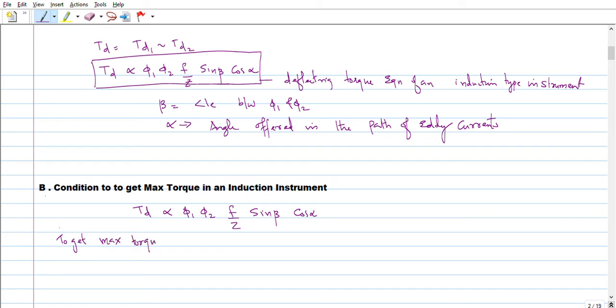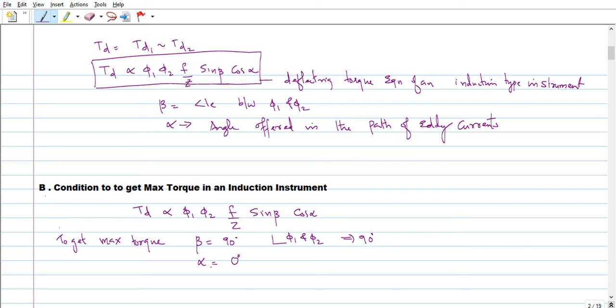Beta should be 90 degrees, sin 90, so the angle between phi1 and phi2 should be 90 degrees. And cos 0 is needed, therefore alpha is equal to 0 degrees.